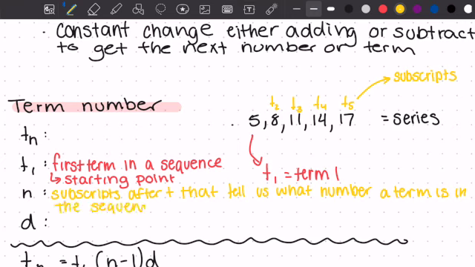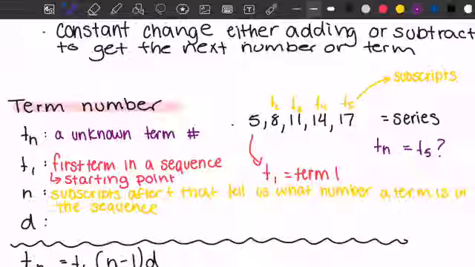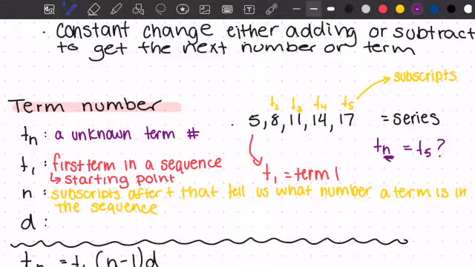When we have Tn, what we're really saying is an unknown term number. Tn might be equal to T5, but we don't know, so that's what we're figuring out. We don't know what number term it is.